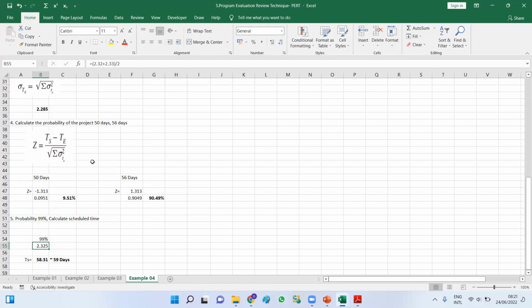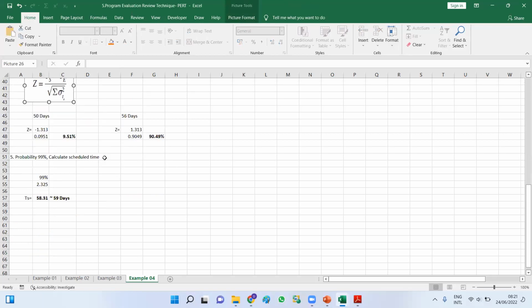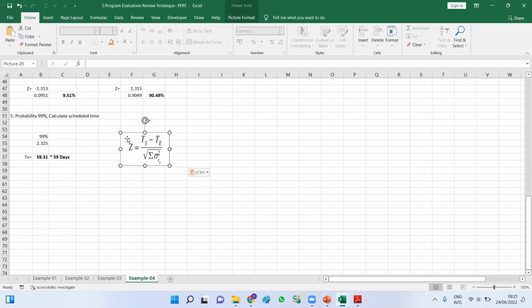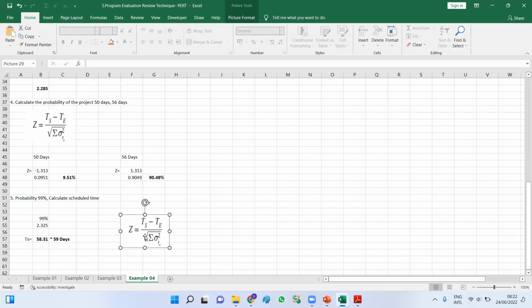So according to this equation, you now know the Z value. Z value is 2.325. You did not know the total schedule time, but you know the total expected time to complete this project, that is 53, as well as the standard deviation, 2.285. So the unknown value is the total schedule time.